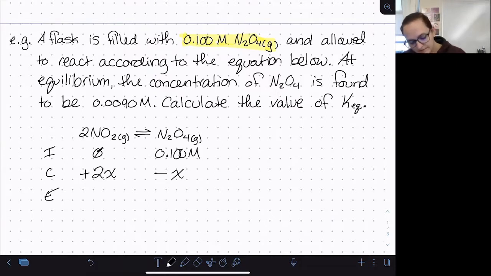At equilibrium, we started with 0 NO2 in our system and we increased that by 2x. So we will have 2x molar present at equilibrium. For the N2O4, we started with 0.1 and we used up x. So 0.1 minus x is what will remain at equilibrium.